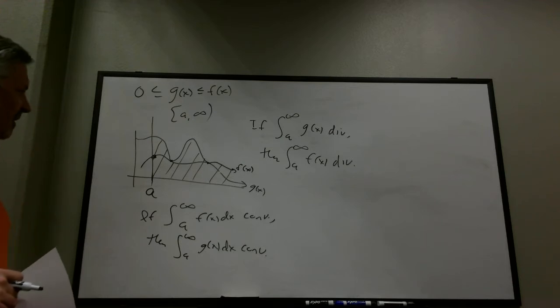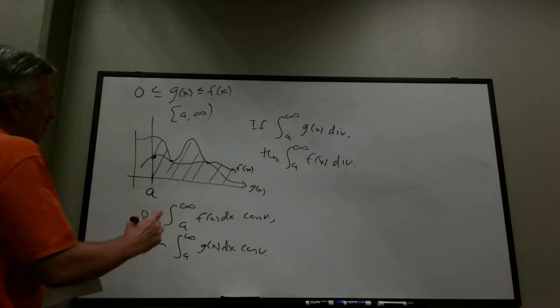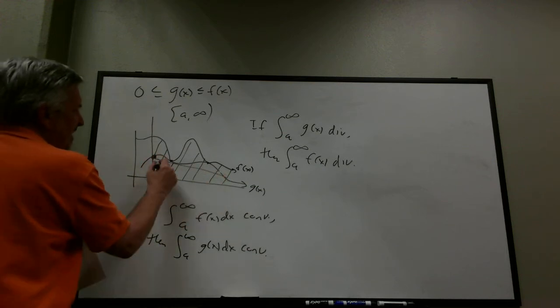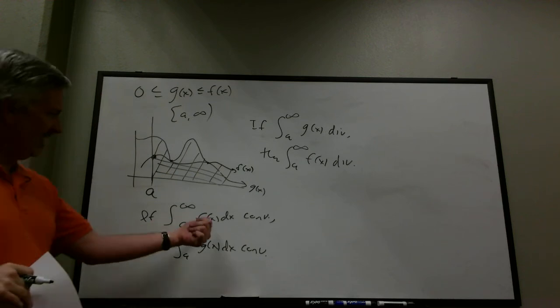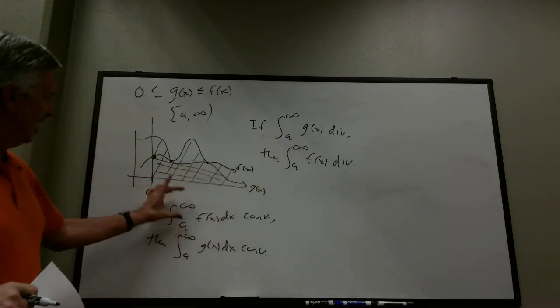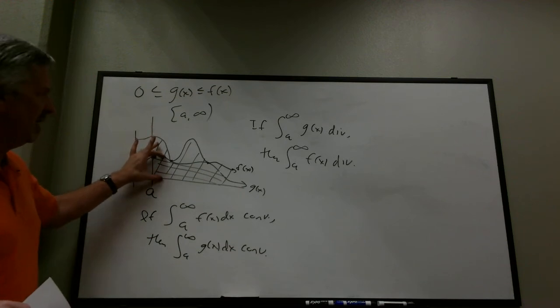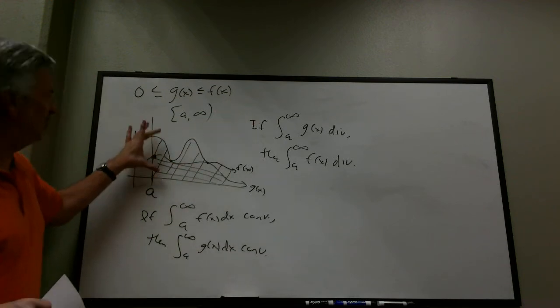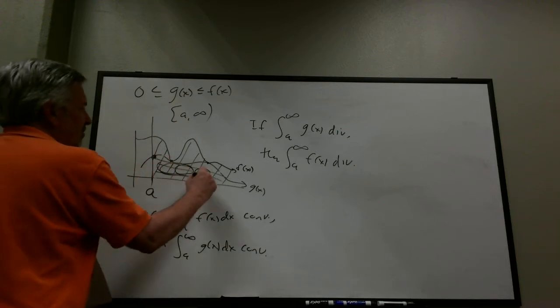Now be careful, you can't mix and match stuff here. For example, suppose you knew the integral of g converged. Notice that's neither one of these hypotheses. If the larger one converges, the smaller one converges. If the smaller one diverges, the bigger one diverges. What if you knew g converged?